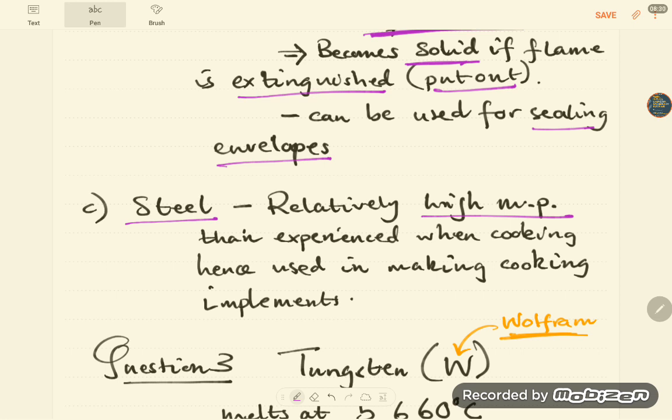And again, there are a lot of other reasons besides just the melting point. Of course, there are issues to do with hygiene, and with the ability to be molded into particular shapes and so on. But in this particular case, we're dealing with the melting and the boiling points. And so steel becomes relatively useful because of that.